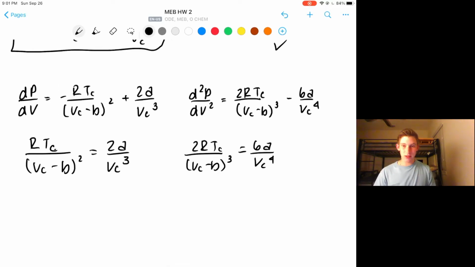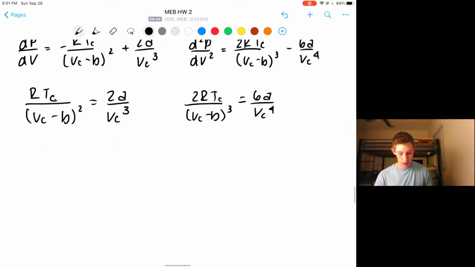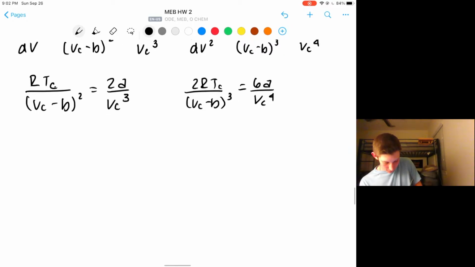So now that we have this, we can multiply by the reciprocal of the respective fractions. So over here, we're going to multiply this by the reciprocal of this fraction. So that will look something like this.